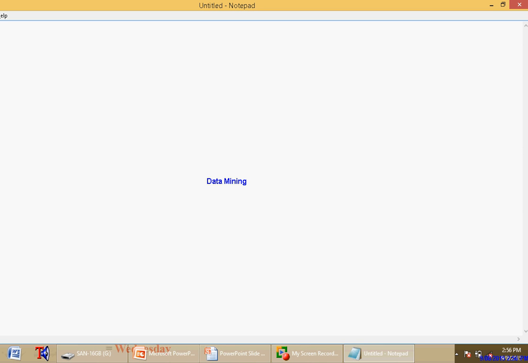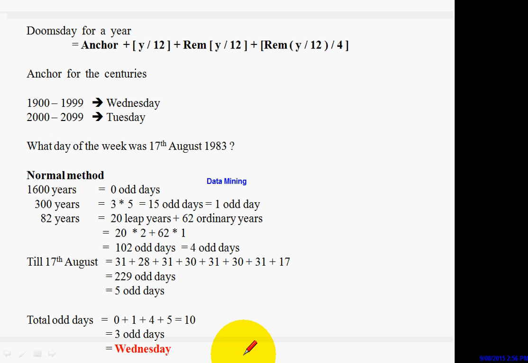Okay. So 1600 is a perfect century, as I already told you, a century and also a leap year, so the number of odd days is 0. 1600 years have 0 odd days. And 300 years, as we have calculated already, have 1 odd day.